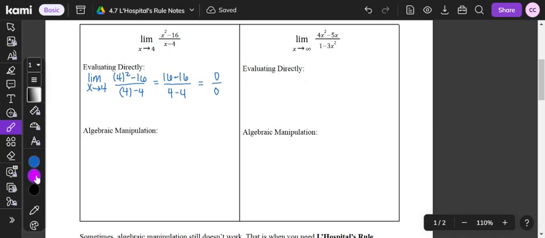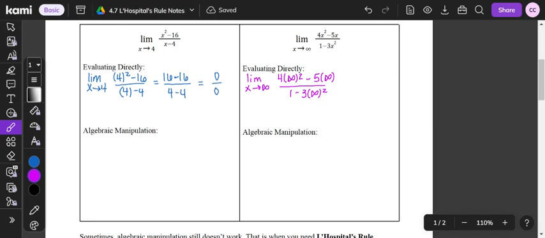Even though it's infinity, yeah, you can still evaluate this limit. All you're going to do is go through, and every time you see an x, here, here, and here, you're going to replace it with infinity. So we have 4 times infinity squared minus 5 times infinity all over 1 minus 3 times infinity squared.